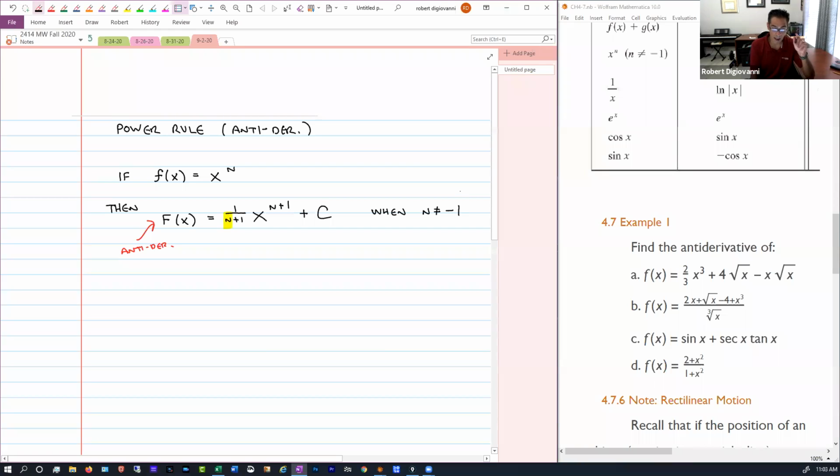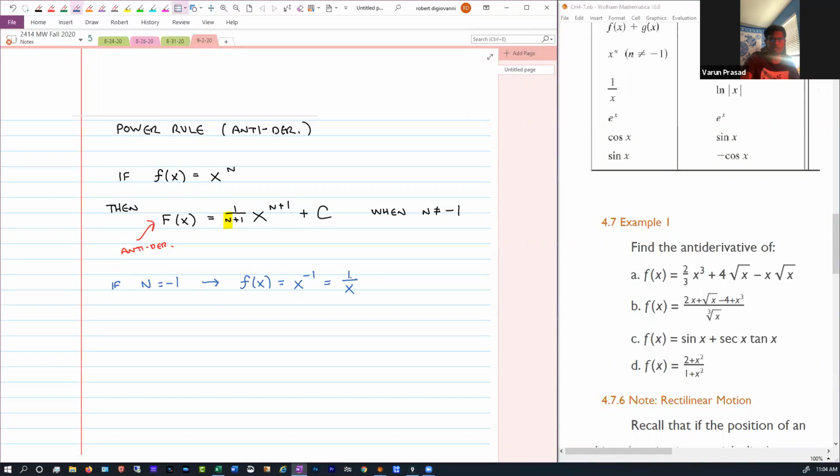Now, if n is -1, so let's look at that special case. If n is equal to -1, then what we really have is that little f of x equals x to the -1, which is really 1 over x. And do we know the antiderivative of that? Would that be ln of x?